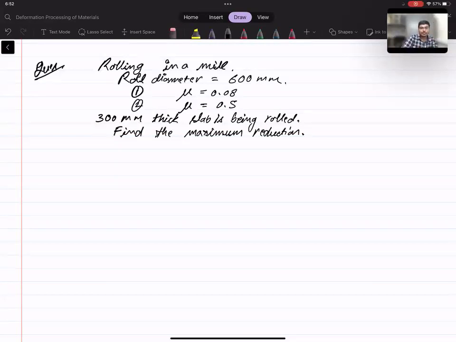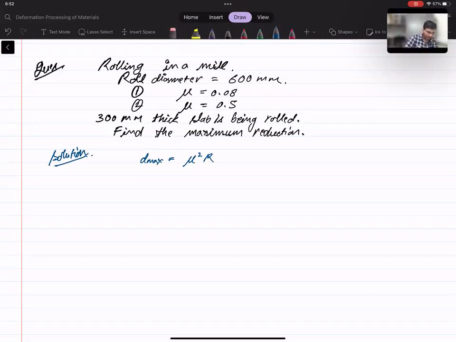Okay, so let us see the solution. It will be very simple. In the previous lecture, we saw that the maximum draft or maximum reduction is given as Dmax, which is nothing but mu square r, where r is the roll radius.